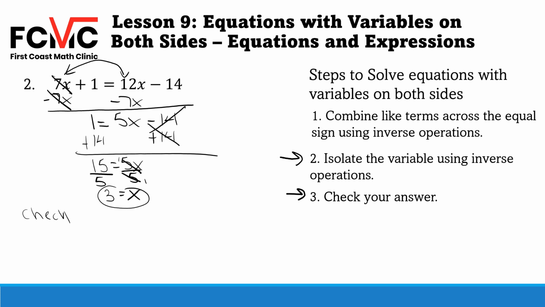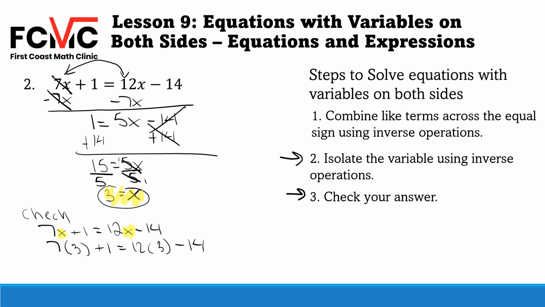So let's take our original equation, 7x plus 1 equals 12x minus 14. Let's take that 3 and put it in for x. So 7 times 3 plus 1 equals 12 times 3 minus 14.